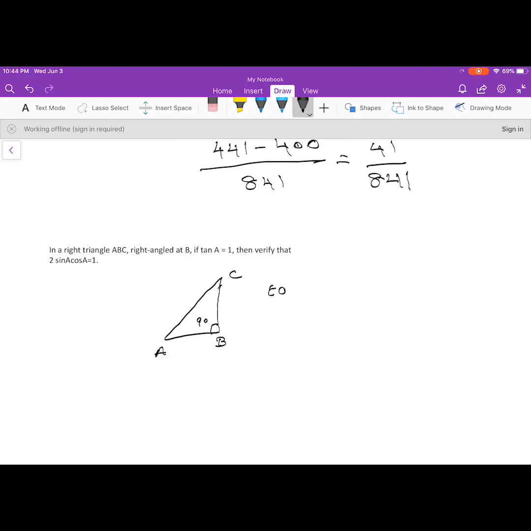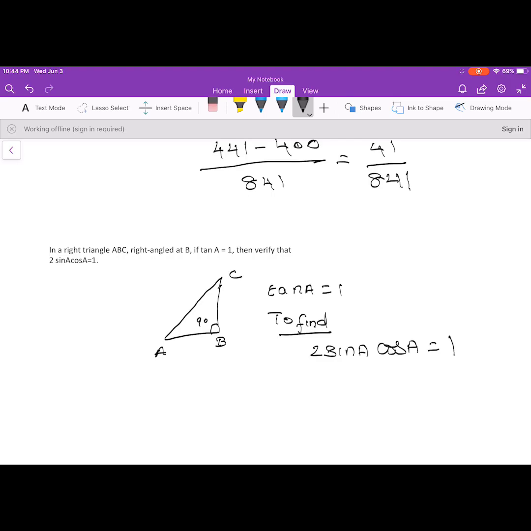What you have to find out is 2 sin A cos A is 1.